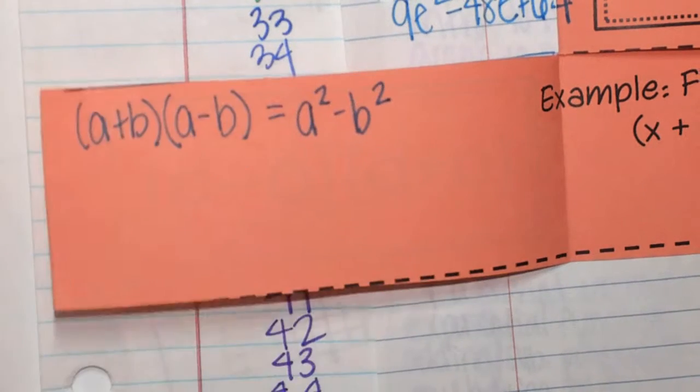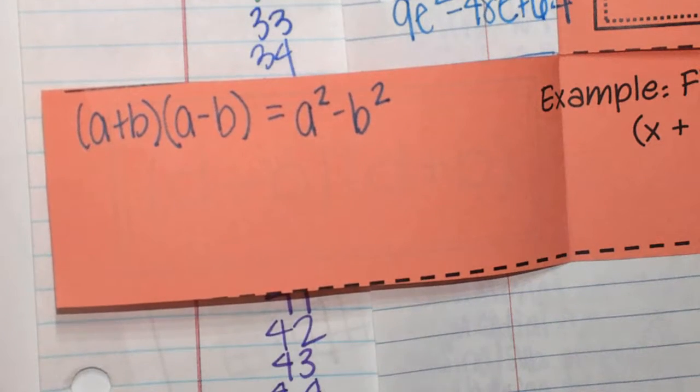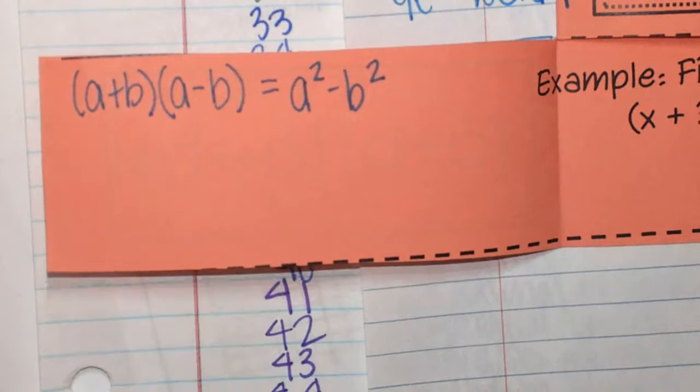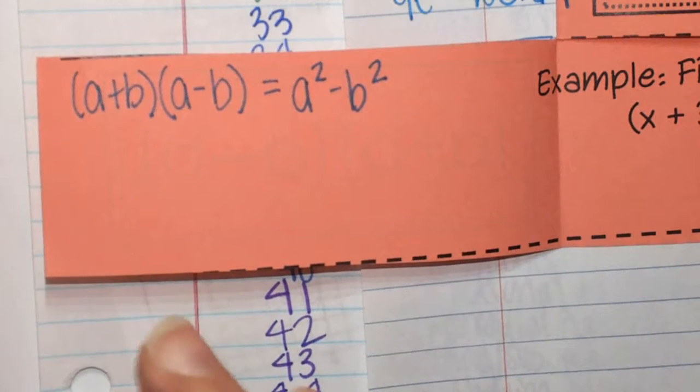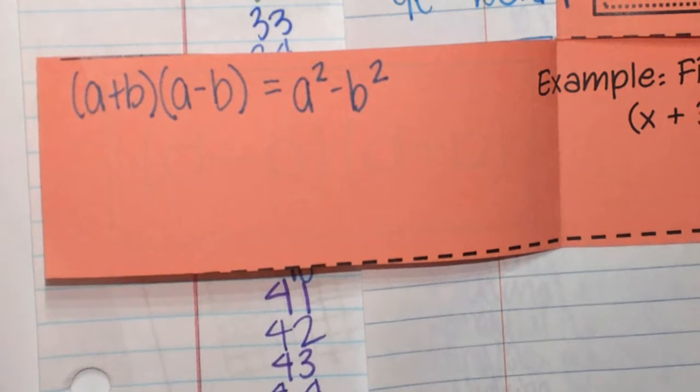Why is it minus? Because a positive times a negative is a negative.